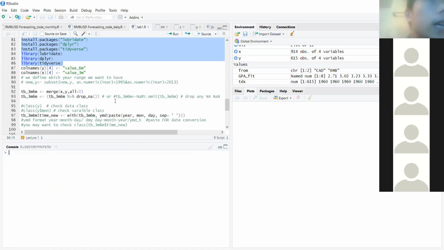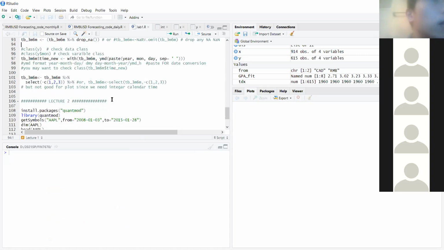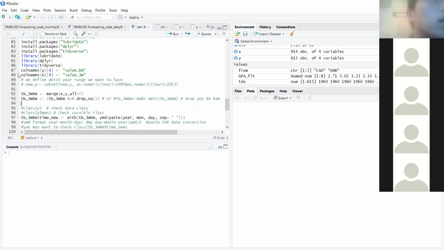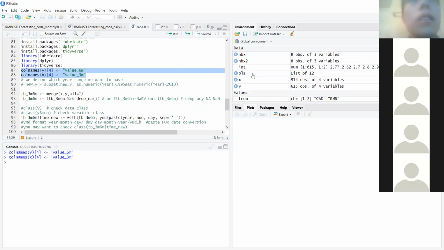So what can we do here? Now, let's do this. So what's this function that I just wrote by myself?